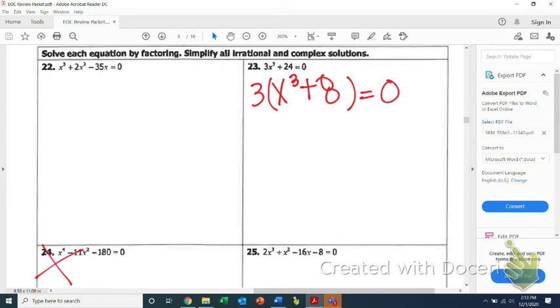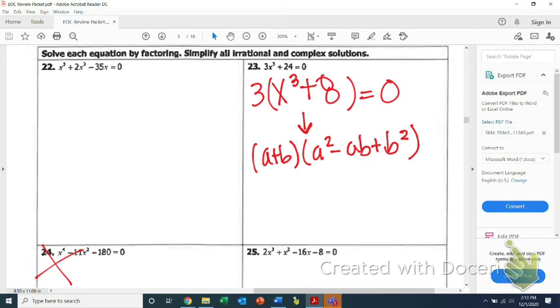Okay? So, now we have a sum of cubes. We did sum of cubes on the first video and in class before. Remember, it is a plus b, a squared minus ab plus b squared.